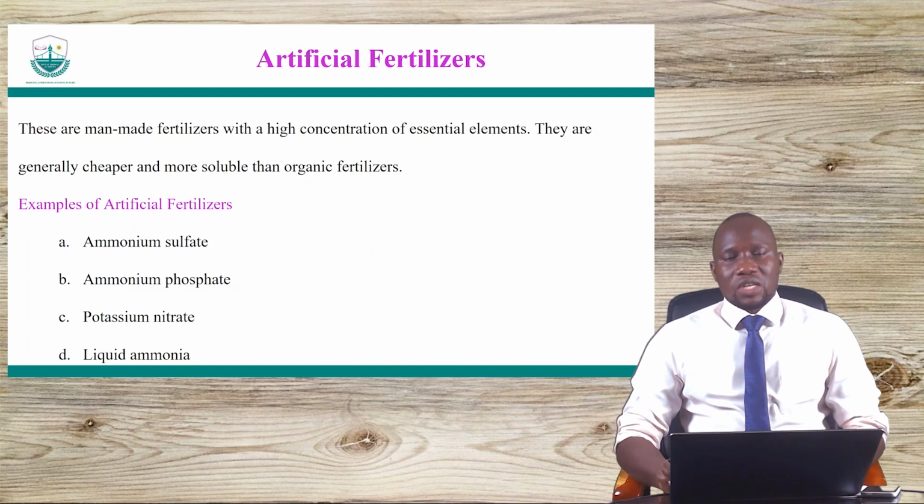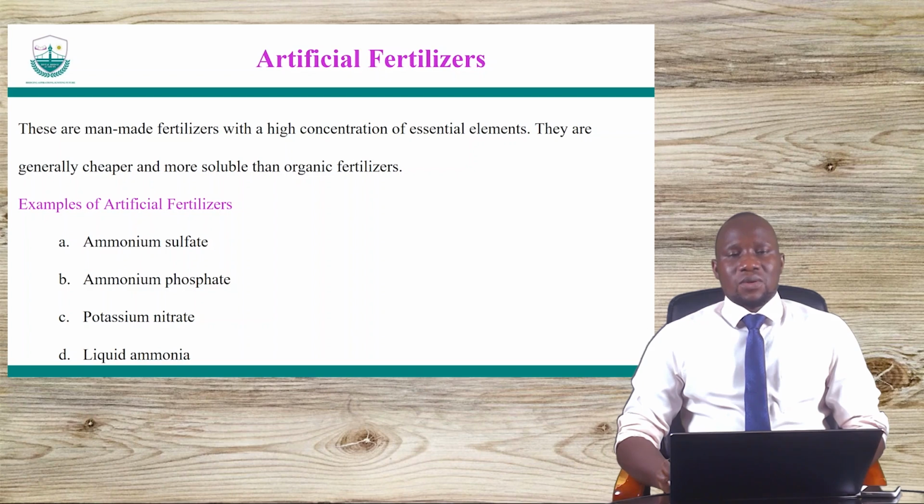Remember, the crops don't need the same quantities of these nutrients, and they also don't need the same type of nutrients. We have those that may need more phosphorus than nitrogen, and then we have those that need more nitrogen than phosphorus.